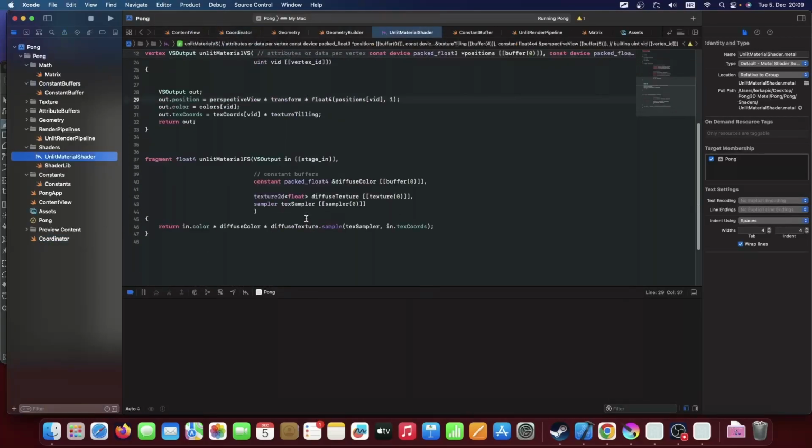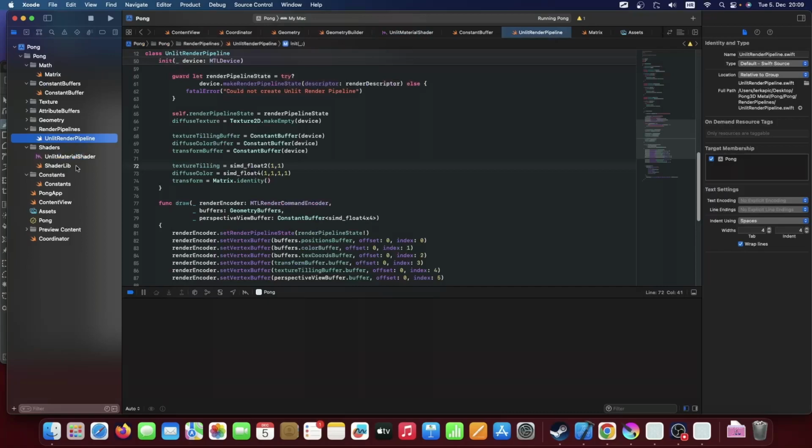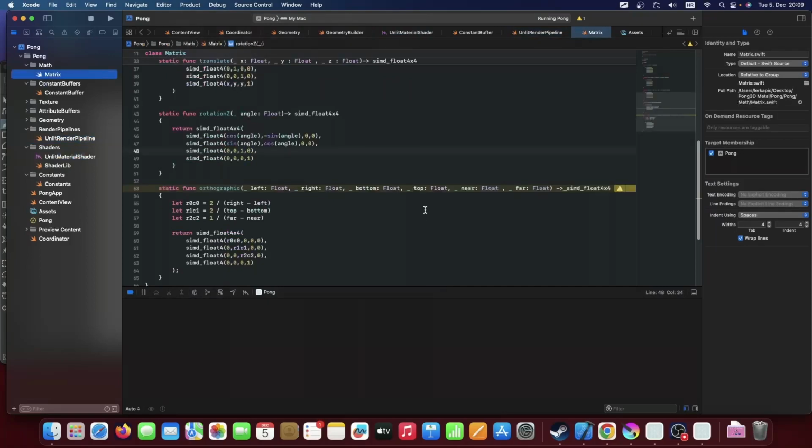No? Okay, maybe I just created a bug here. It should be simple to resolve. So let's see our matrix. Far, near, I mentioned 0 and 1. So 1 over far minus near.